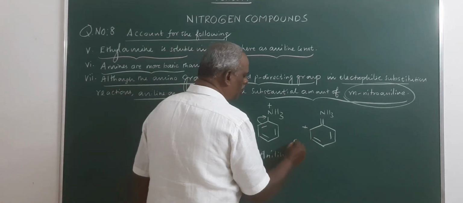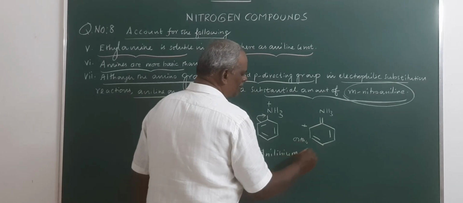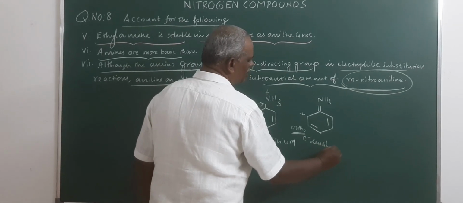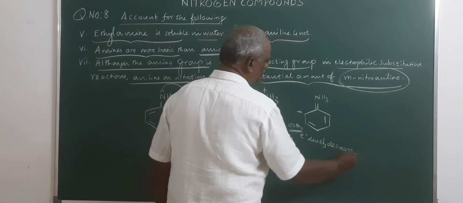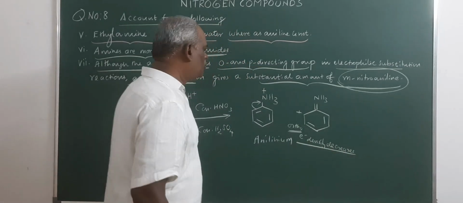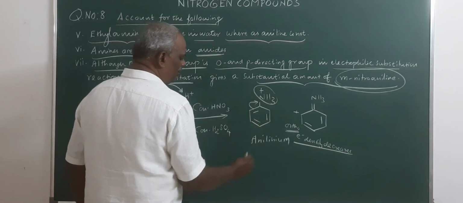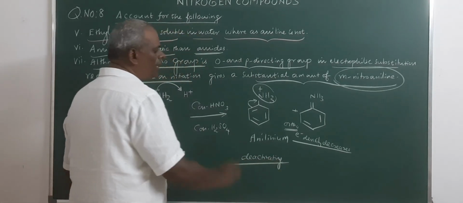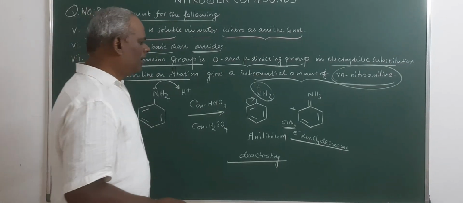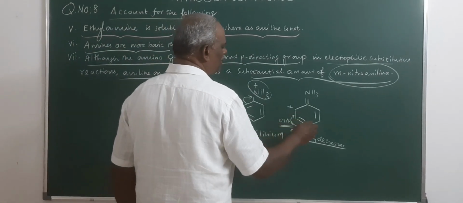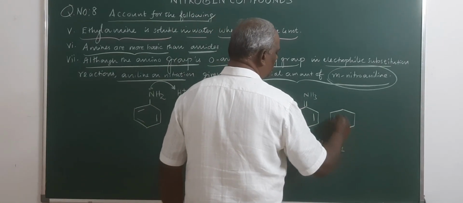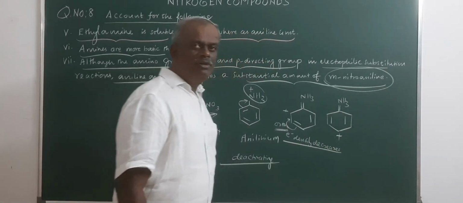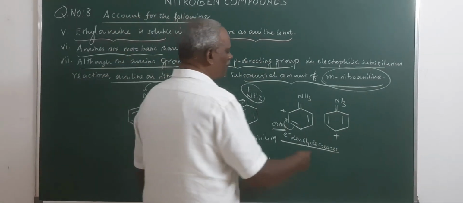So this ortho position is losing electron density, which means this NH3 plus is deactivating the benzene ring toward electrophilic substitution reaction. In the next step, when the electron pair is moving here, we get poor electron density in the para position also. So the electrophile cannot be directed towards the para position.